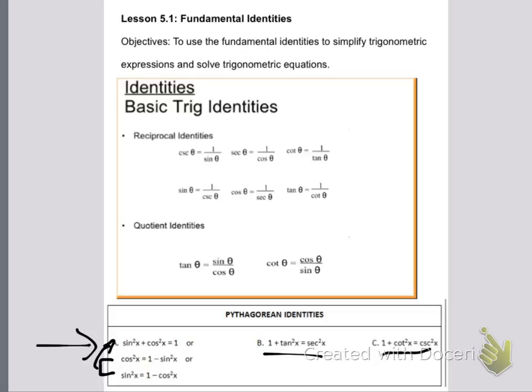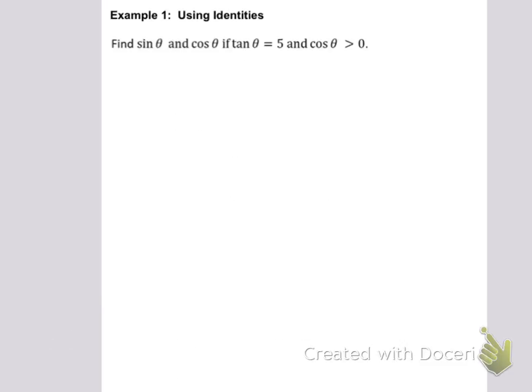So we're going to come back and use these as a reference to solve our problems. For example, it says find sine theta and cosine theta if tangent theta equals 5 and cosine is greater than 0.